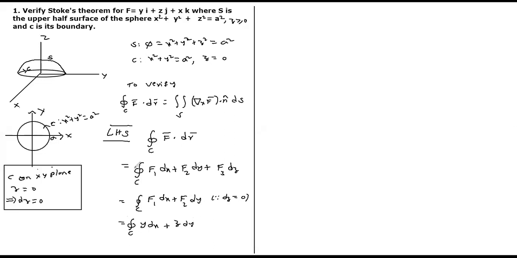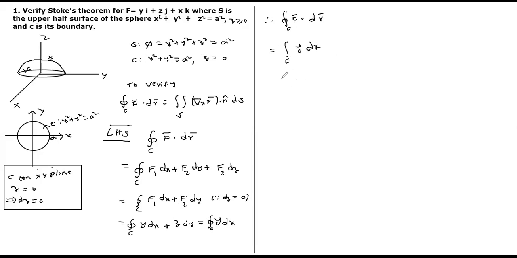But what is z in our problem? 0. Therefore this is simply integral over C y dx. Therefore integral over C f bar dot dr bar is nothing but integral over C simply y dx.